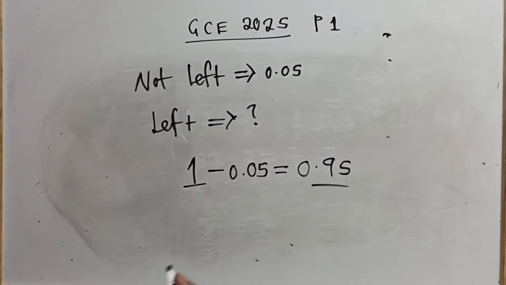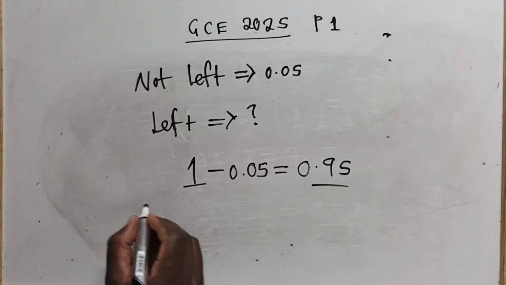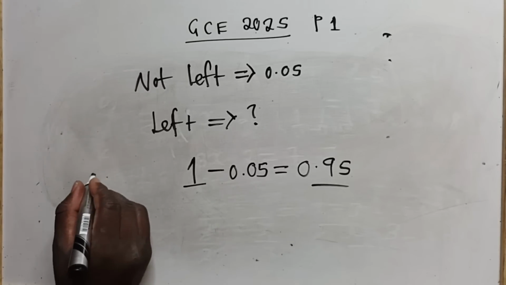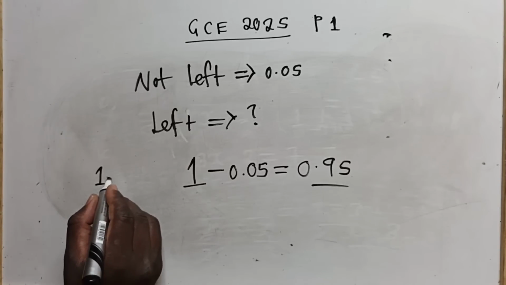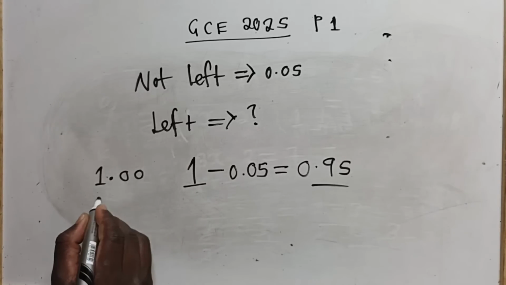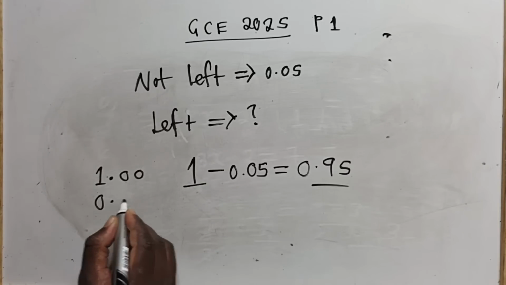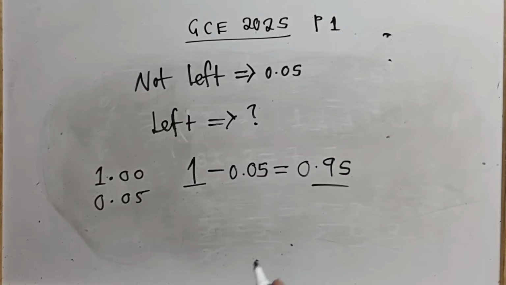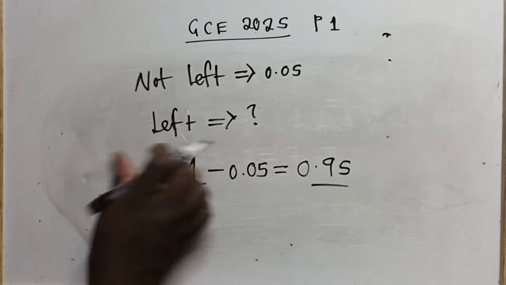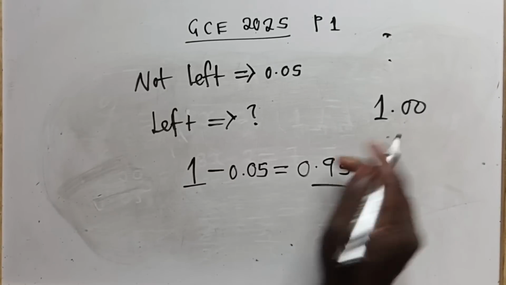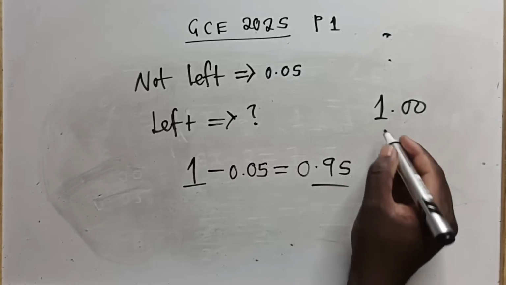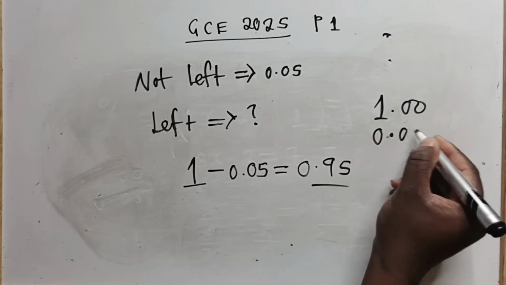Maybe somebody may be wondering what I have just done. Here it was like this. There is 1.00 because of these 2 decimal places, and there is 0.05.